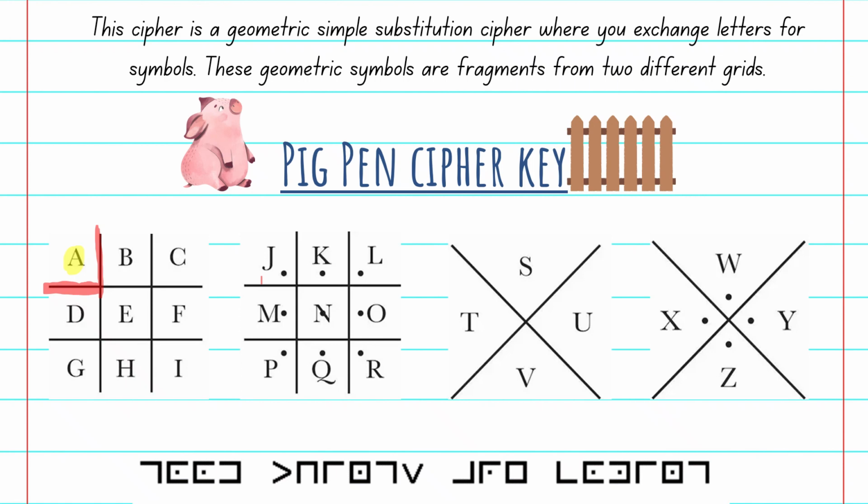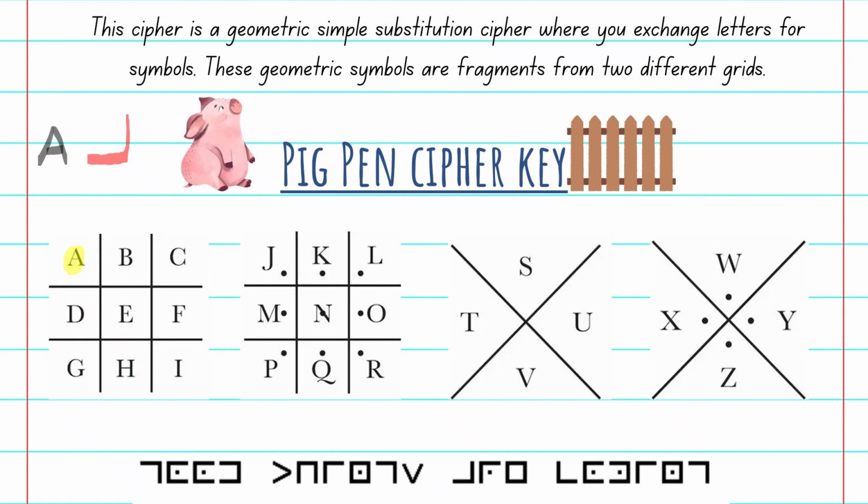Now the pen is a geometric shape that surrounds each letter, as what I highlighted here in red. So for example, that letter A, the geometric shape would be this right here.